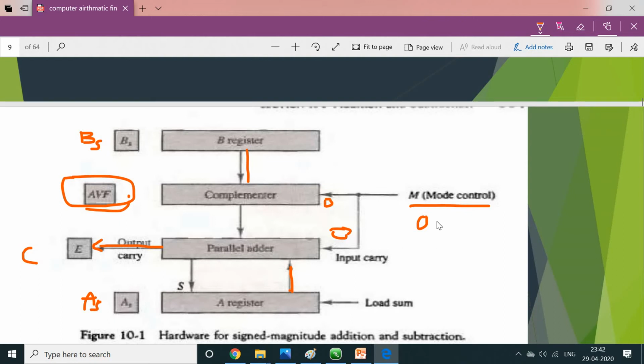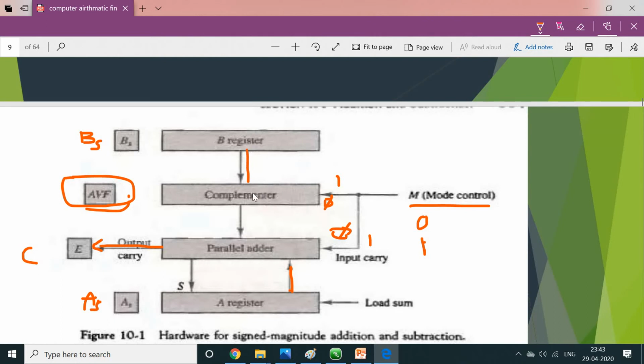Second case, if the M mode control bit is equal to 1, the complementer receives 1 and is enabled. Whatever the B register sends, it will perform the 2's complement representation. This complementer block complements the binary register values, that means 2's complement representation. So the output of the complementer, the B register values, is complemented.